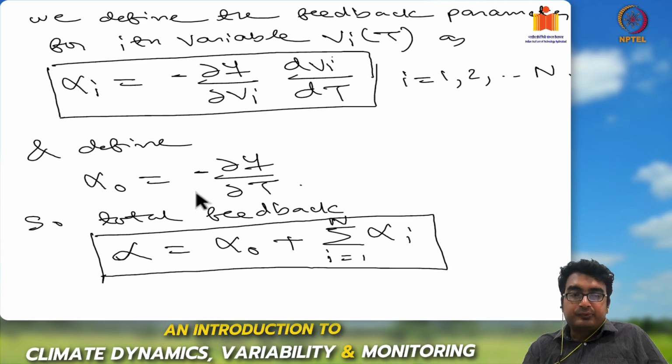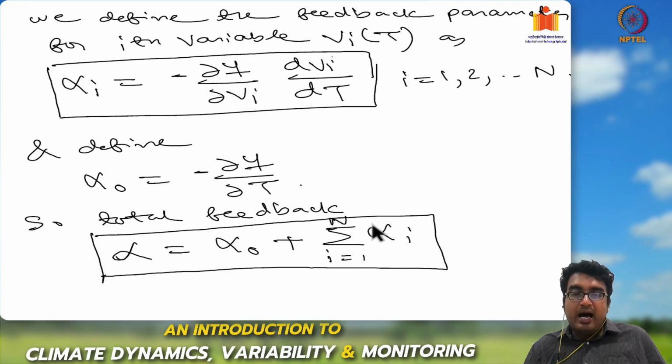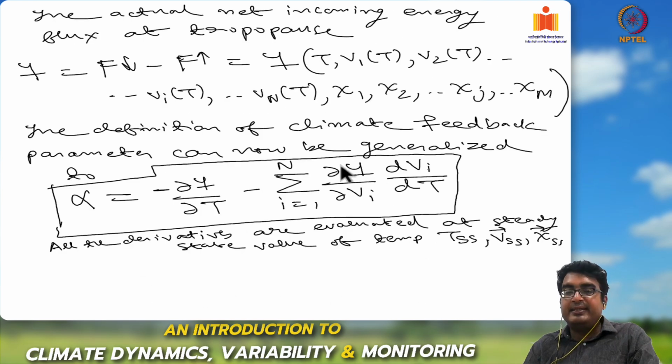Okay. So the total feedback then becomes the direct temperature feedback alpha 0 plus summation over all the variables 1 to n which depend on temperature and also impact the incoming radiation, so alpha i, which is del F del Vi dVi dT. So this is the total feedback. So this expression is basically this expression.